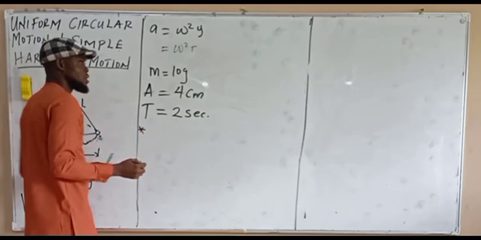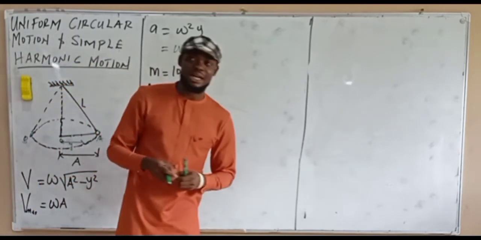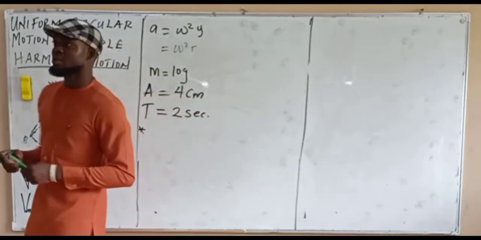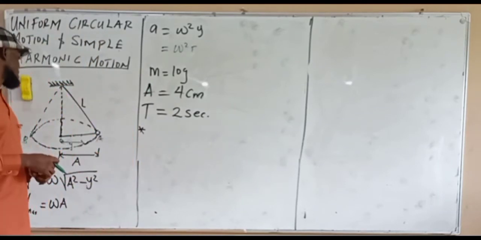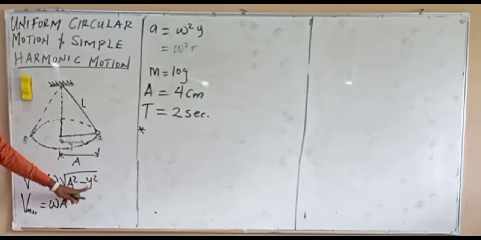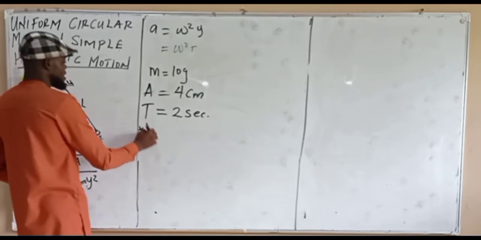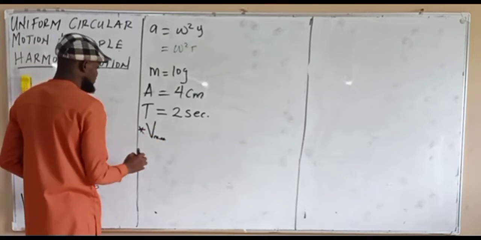First question. Calculate the velocity at the center of oscillation. That is when y is 0. Okay, what will be the velocity at the center? That is the maximum velocity that you have.